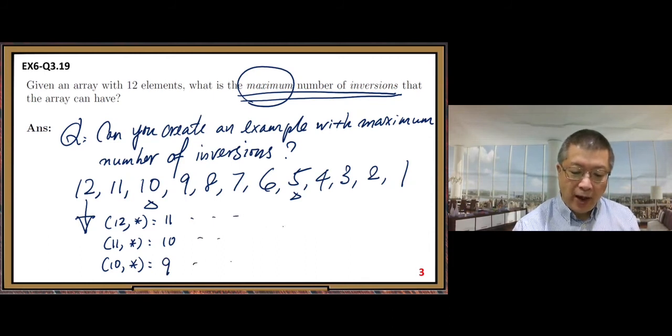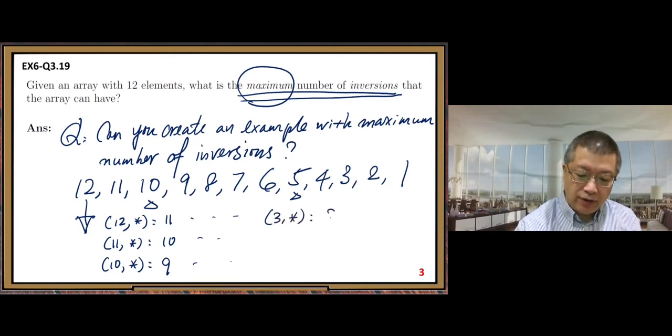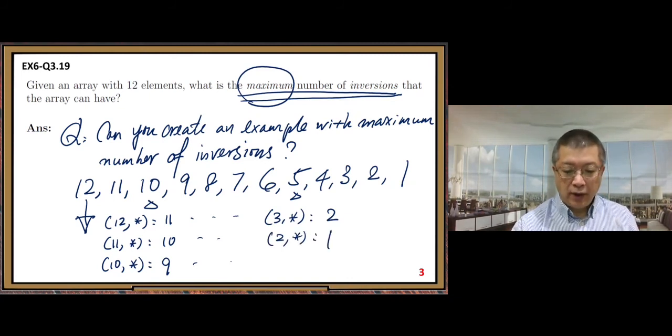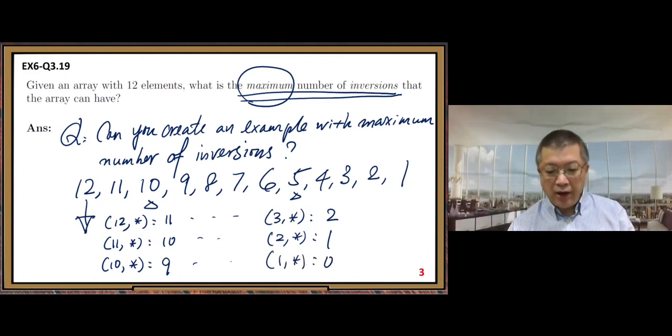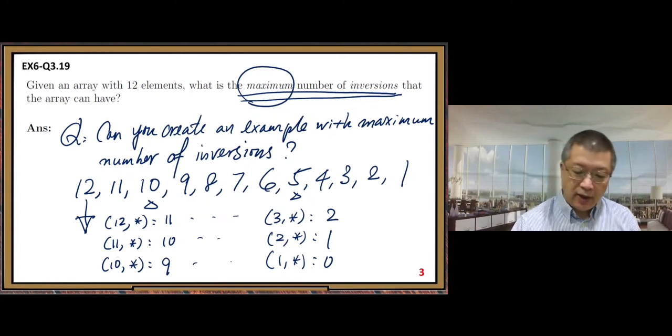So you keep doing that. All right? Then 3 star inversion 2, 2 star type inversion 1. 1 star 0, right? Because there is nothing behind the 1. You add up all these numbers from 1 through 11. 1 plus 2 plus up to 11.